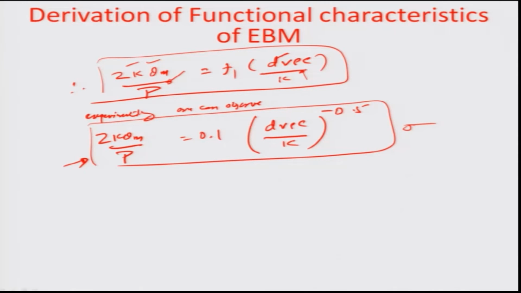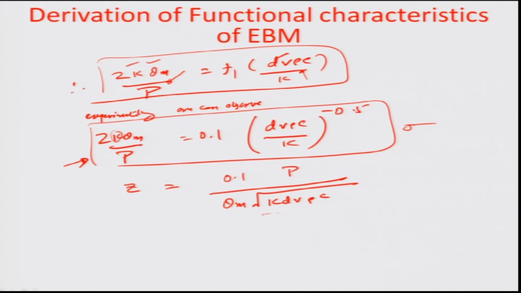So, such a relationship exists, and therefore we can say that the Z value comes out to be 0.1 times the power value divided by theta m times the root of k d v rho c. Okay. Because there is a k term here, you bring the k, this is k to the power of 0.5.